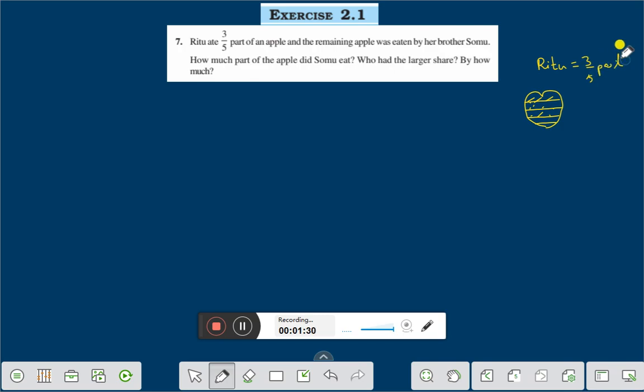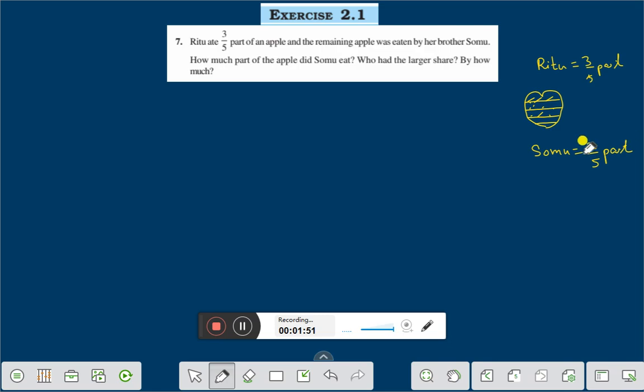And the remaining was eaten by Shomu. From the figure you see that 2 parts are left, that is 1 and 2. That is, Shomu ate 2 by 5 part.